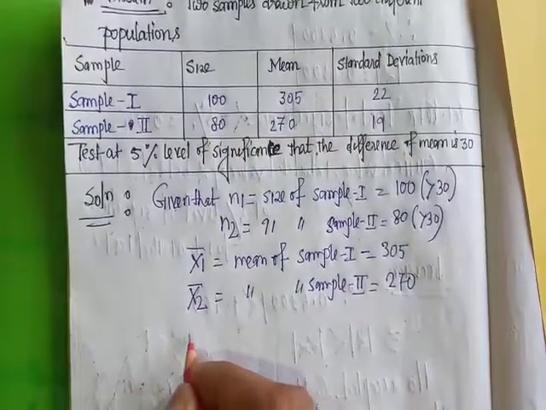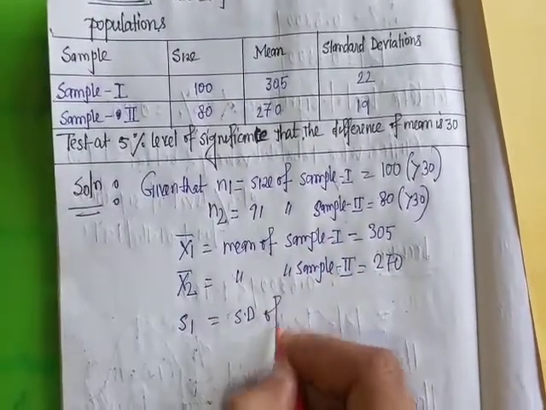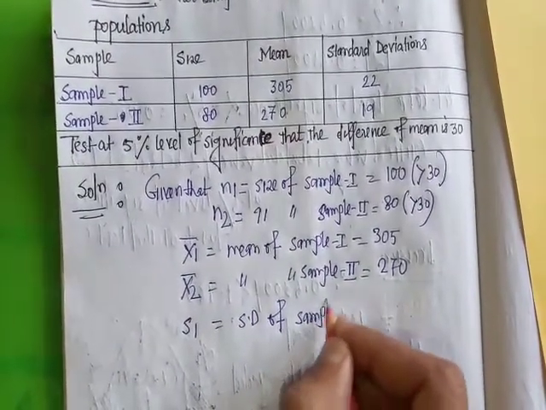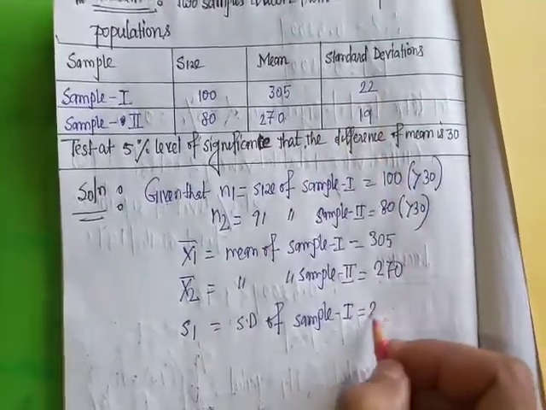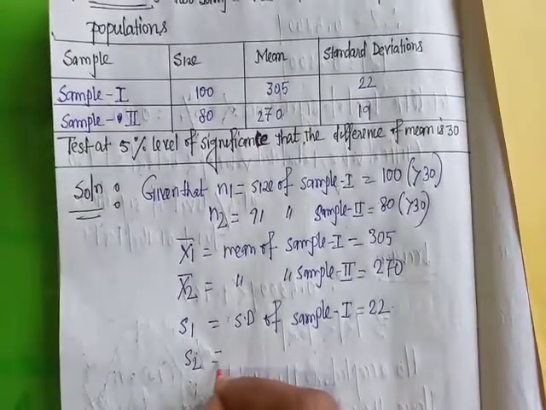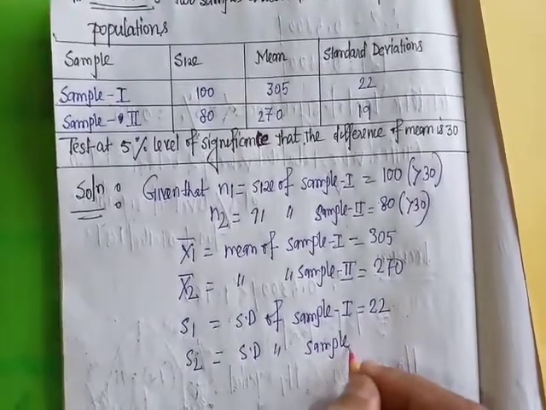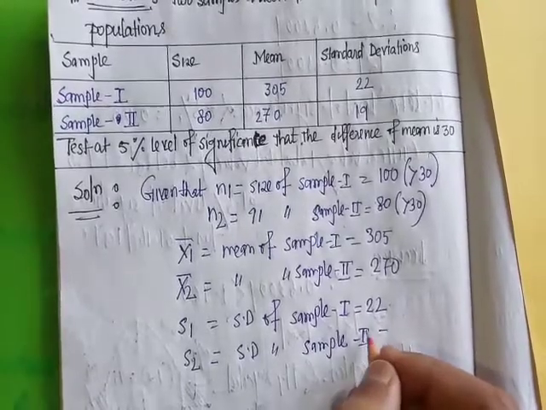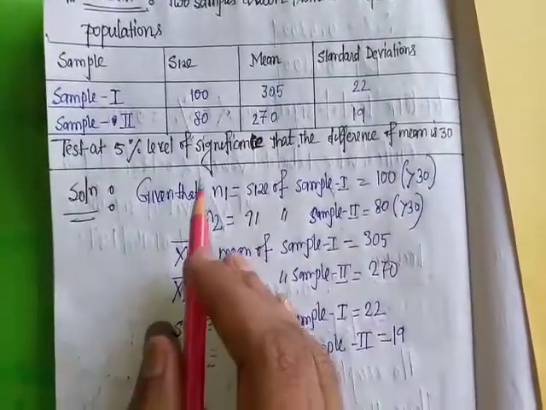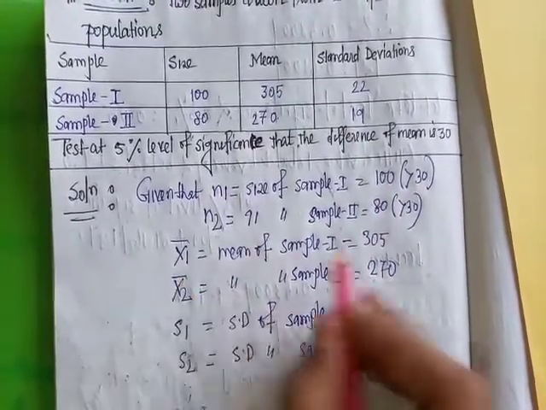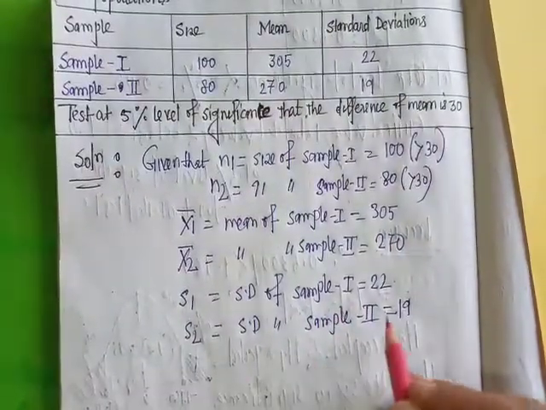S1 equal to SD, means standard deviation of sample 1, this is equal to 22. S2 equal to standard deviation of sample 2, this is equal to 19. That is, n1 equal to 100, x1 bar equal to 305, s1 equal to 22, n2 equal to 80, x2 bar equal to 270, s2 equal to 19.